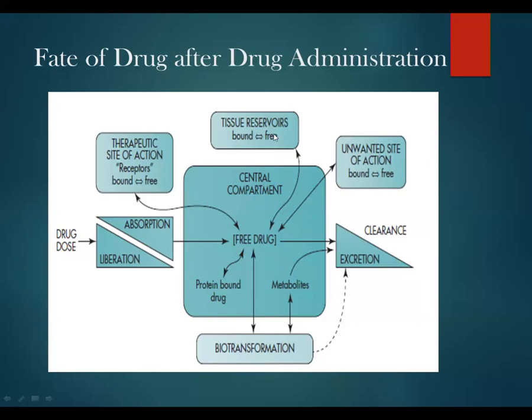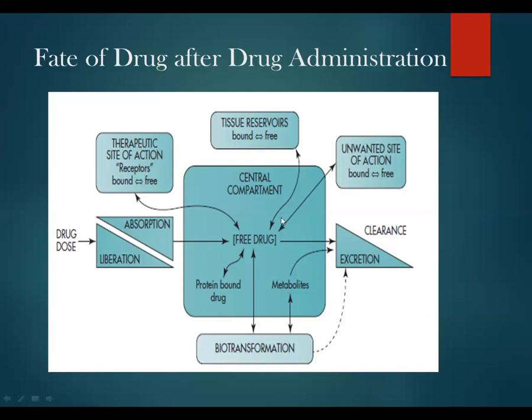It can bind to proteins or macromolecules present in the tissue and just sit in that part of the tissue. The other one is where it goes and binds to the receptors, and after binding to the receptor, it exhibits the therapeutic action. So the therapeutic action happens only when it binds to the desired receptor.